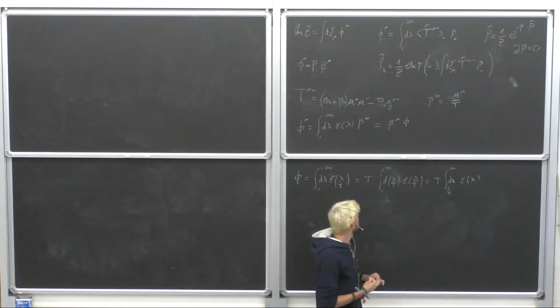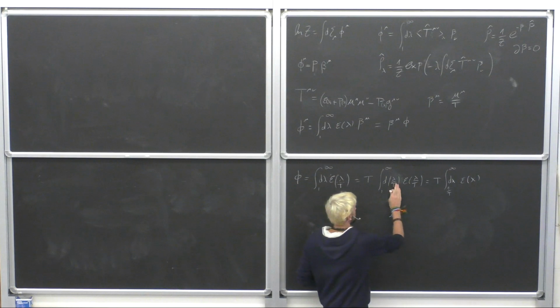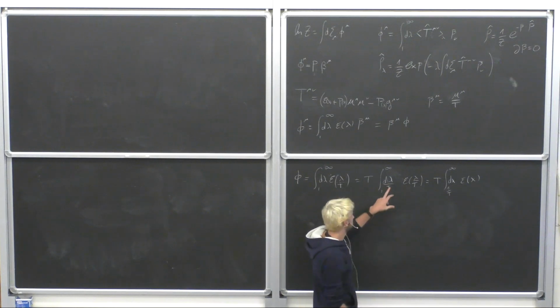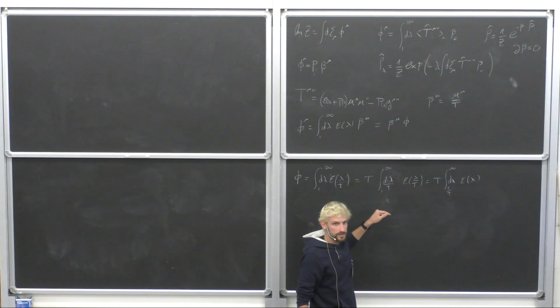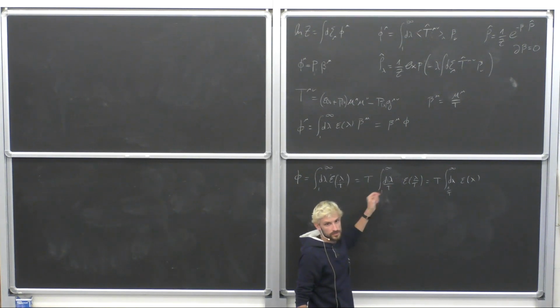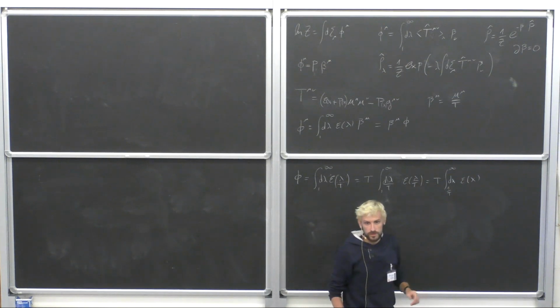This was an intermediate step, and now I changed from lambda to x equal to lambda over T. So when lambda is 1, x is 1 over T. So I am changing the integration variable.